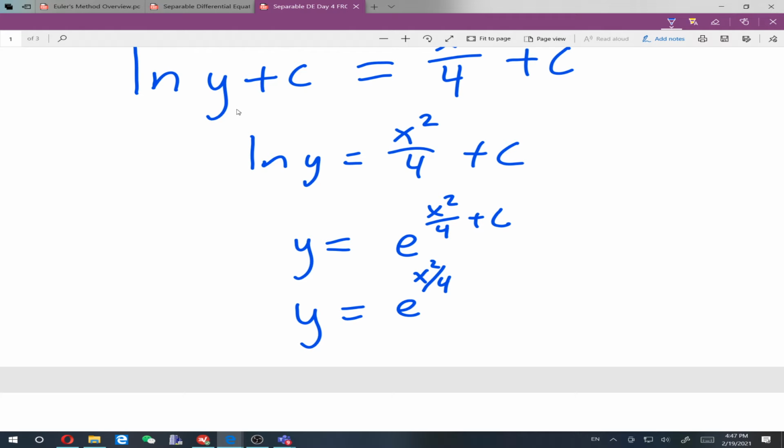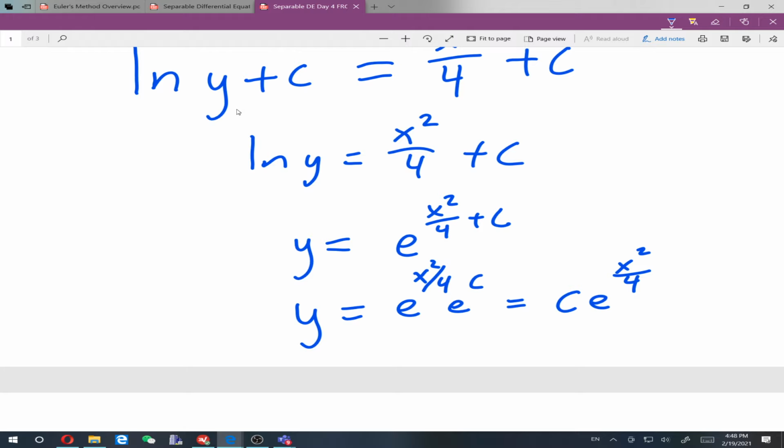If I'm multiplying two numbers with the same base together, then I can add the exponents. 2 to the 4th times 2 to the 6th is 2 to the 10th. So this would really be e to the x squared over 4 times e to the c power. And e to the c power is a constant c. This is the same thing as c e to the x squared over 4.